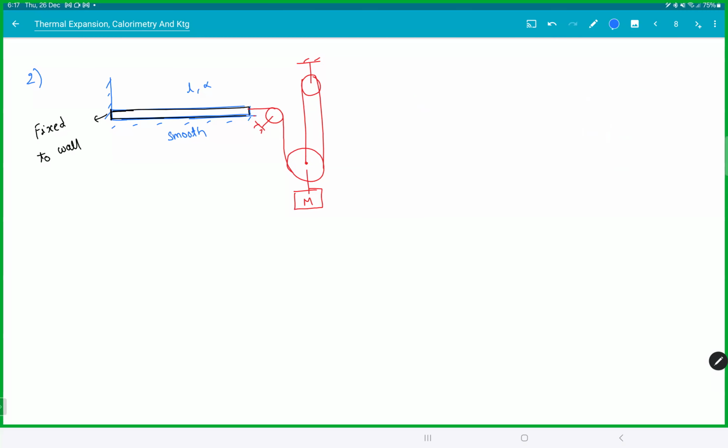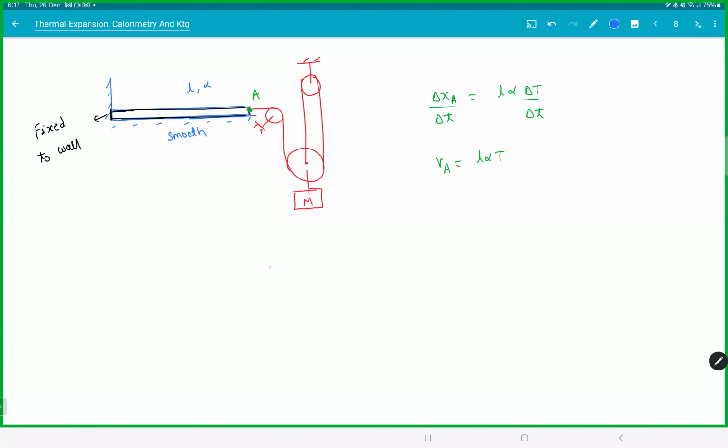So if you consider this point to be A, now we can just see delta xA by delta t will be L alpha delta t by delta t. So we get VA is equal to L alpha t.